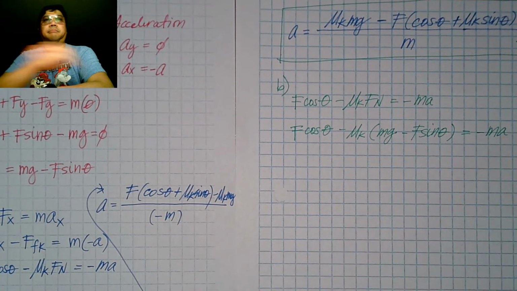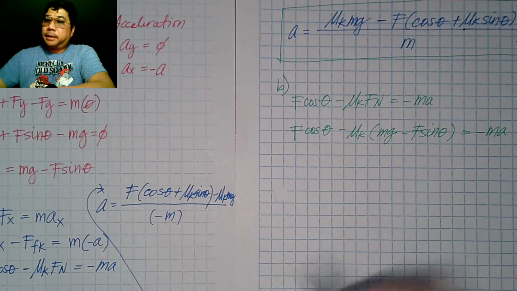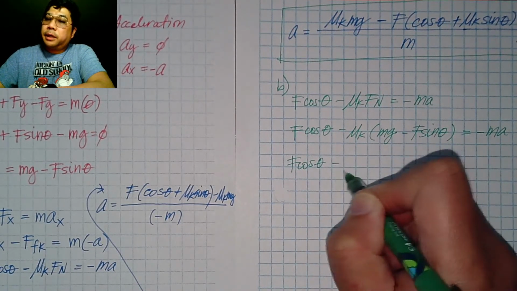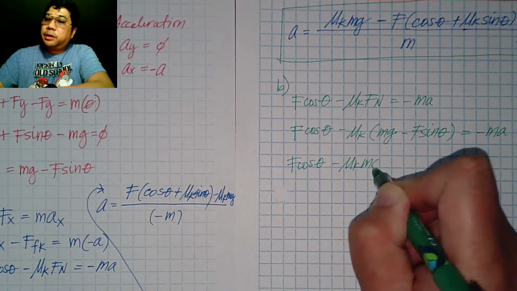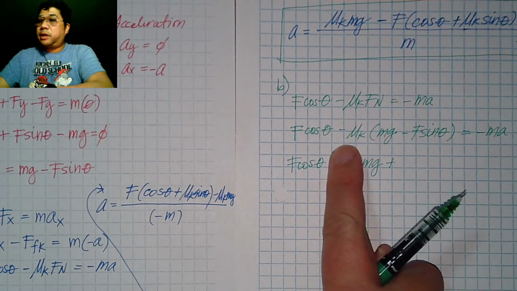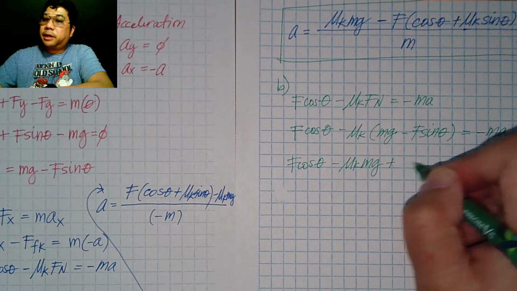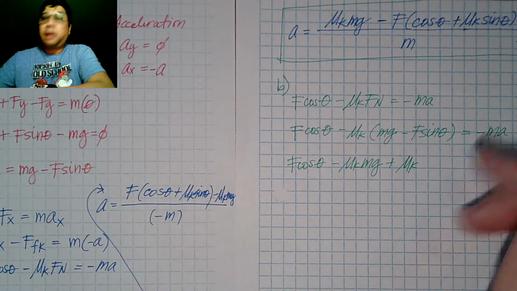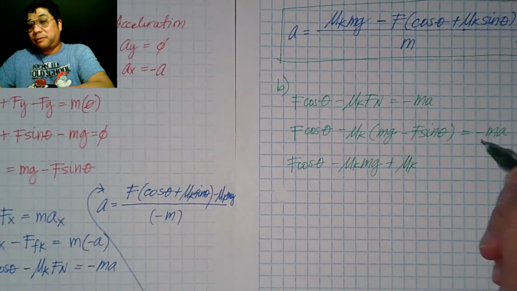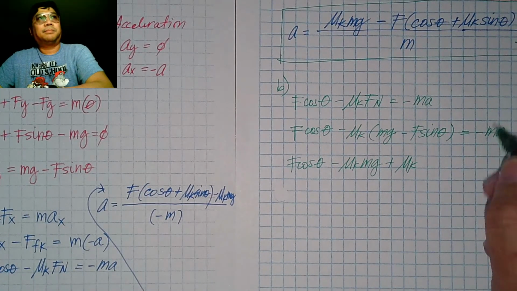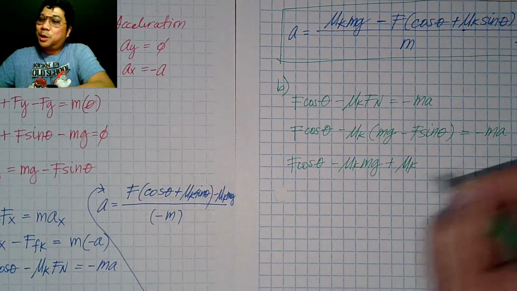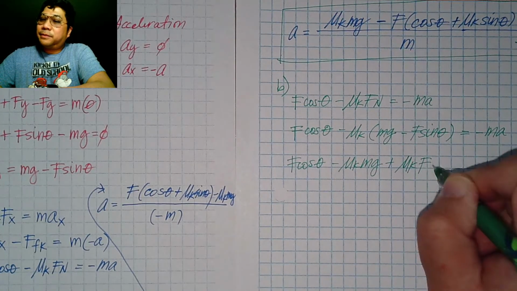Again, f cosine theta minus mu k mg plus, because negative and negative will give us positive, mu k, the coefficient of kinetic friction, multiplied by f sine theta.